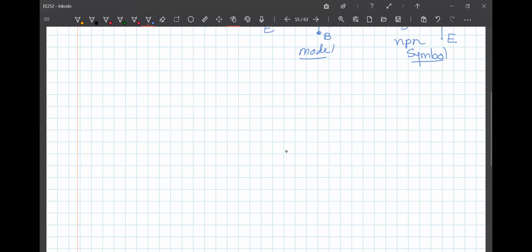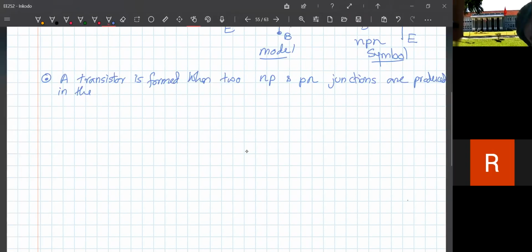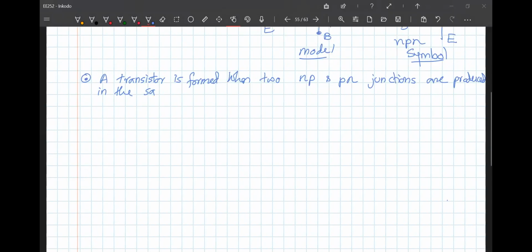So let me write down a couple of sentences. A transistor is formed when two NP and PN junctions are produced in the same semiconductor crystal, and not joined.